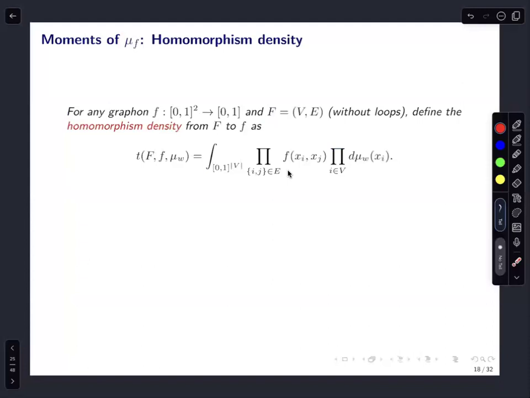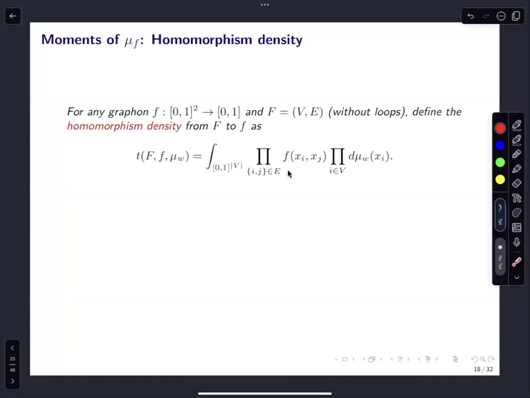So this is the graph whose copies you want to look into in your big graph. It's a set of vertices and edges without loops. I define a generalized homomorphism density, with the notation t of capital F, small f, and mu w.